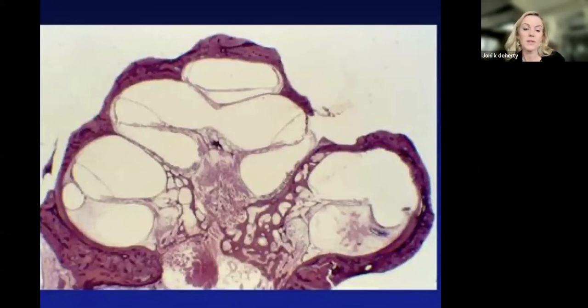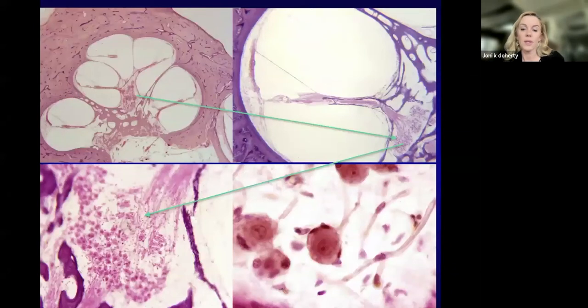It's affecting the stria vascularis as well. You can see in the basal turn there's some fibrosis, as well as some new bone formation. That's what happens when the cochlea gets damaged. It responds with an inflammatory response, fibrosis, and then eventually, due to lack of blood supply and oxygen, new bone forms within the turns of the cochlea.